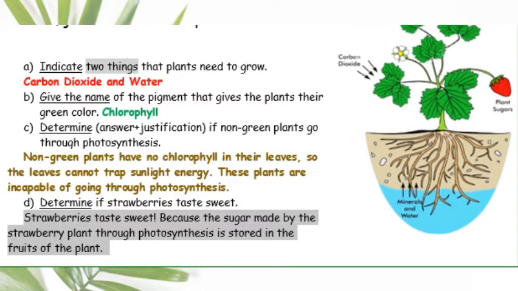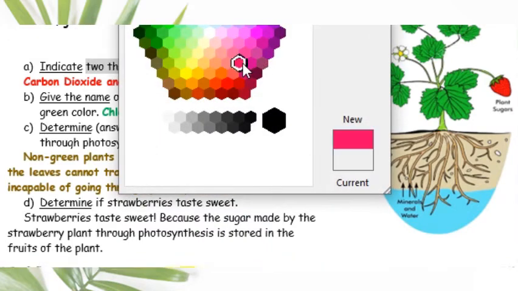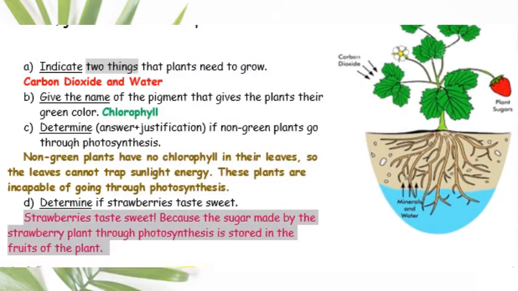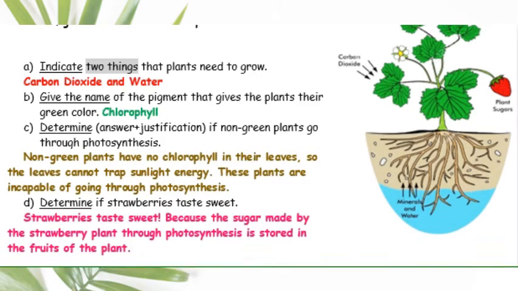It goes through photosynthesis in order to produce its own food, which is sugar. These plants produce sugar and store it in the fruits. For this reason, strawberries taste sweet.